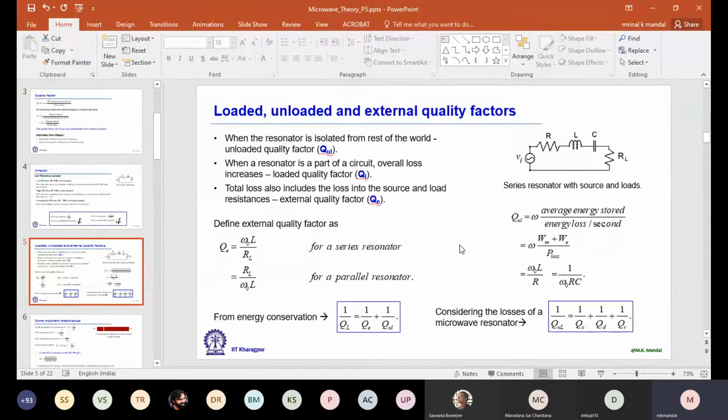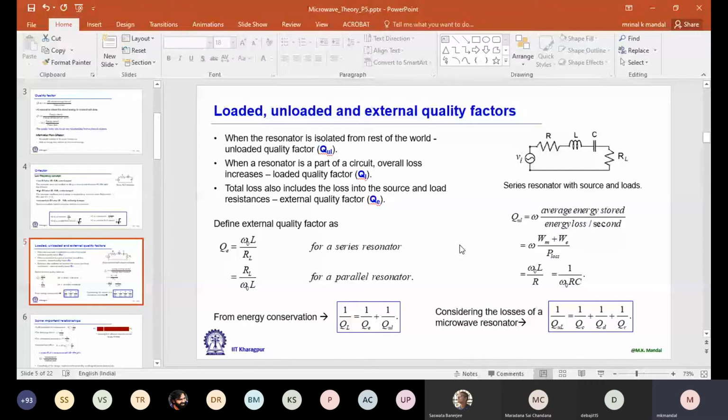First of all, we call it loaded quality factor. And since you are introducing it in the circuit, we have some loss. This loss is the power lost into your circuit. So your circuit is also taking some power from the resonator. That's why we expect that Q loaded, or QL, is always lower than QUL, the unloaded quality factor.